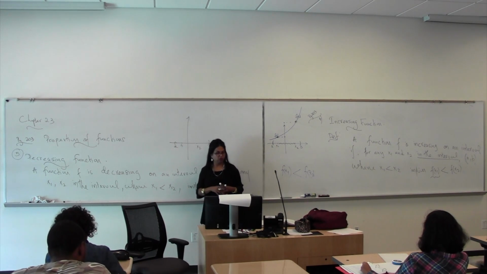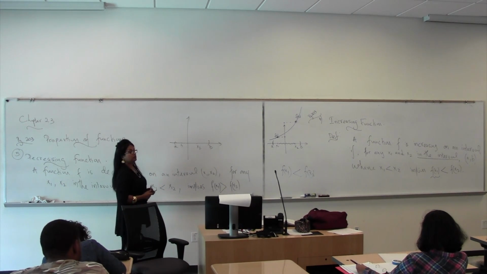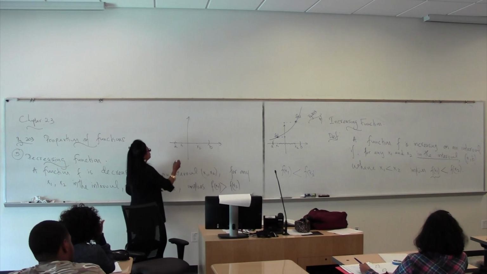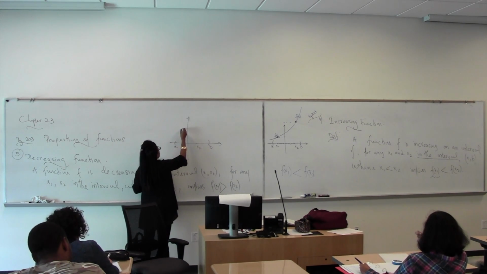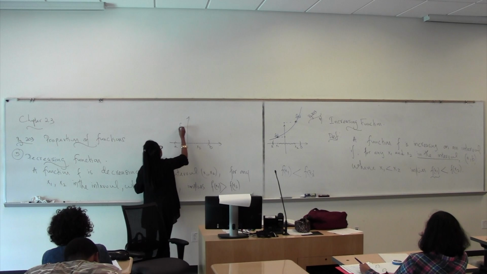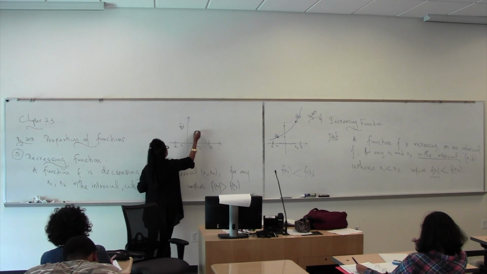Now we need to come up with what values? The y values, right? So I'm going to mark the y values, f of x1 here, and f of x2 here.